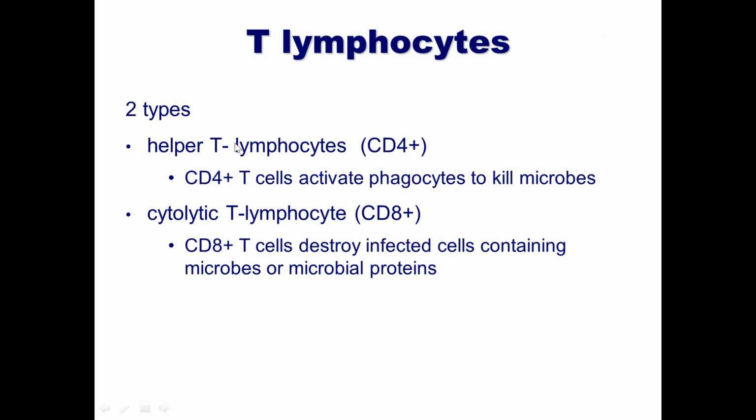Helper T lymphocytes, that is CD4 T cells, activate phagocytes to kill microbes, and cytolytic T cells, that is CD8 plus T cells, destroy infected cells containing microbes or microbial proteins.